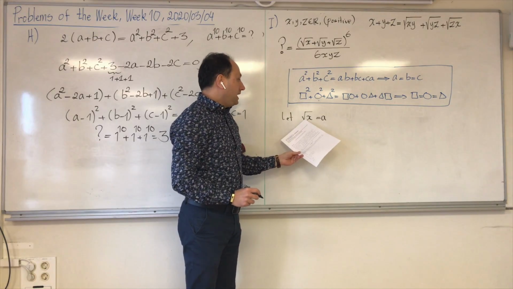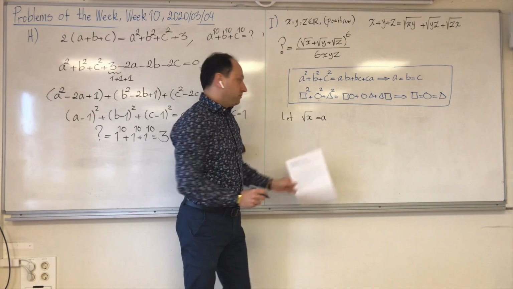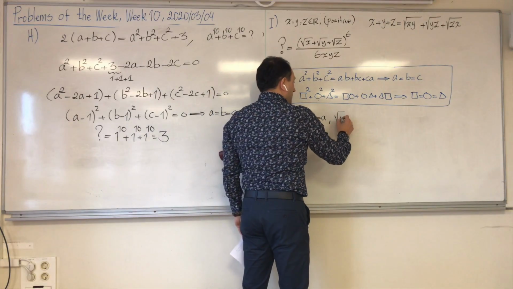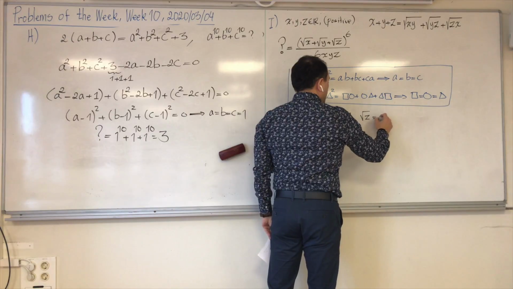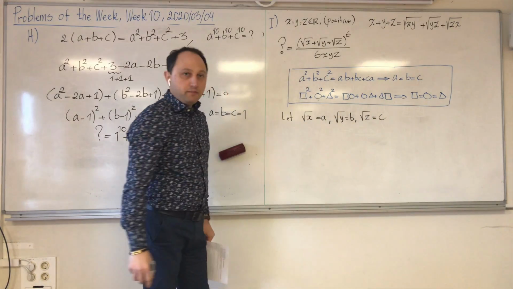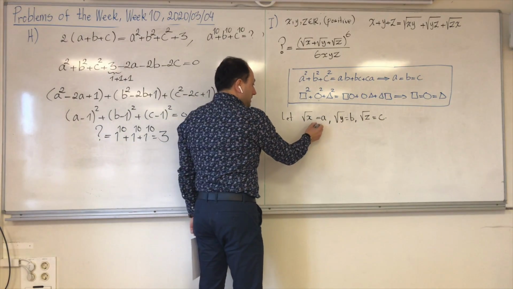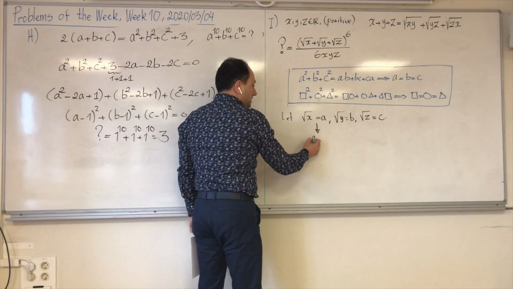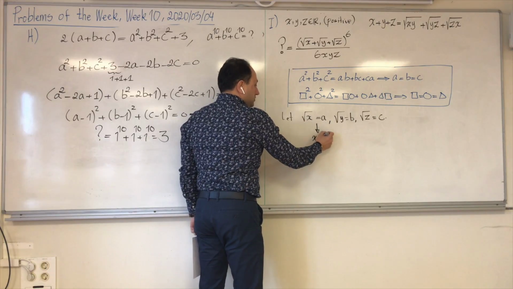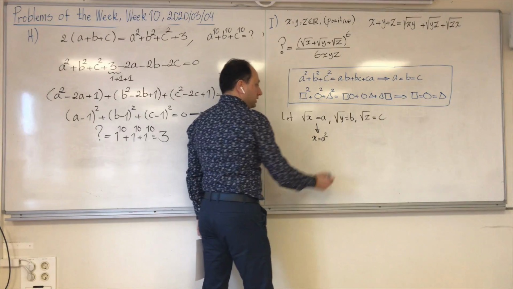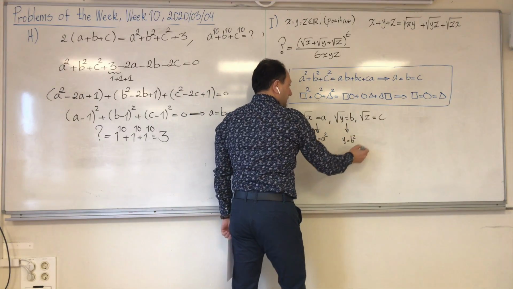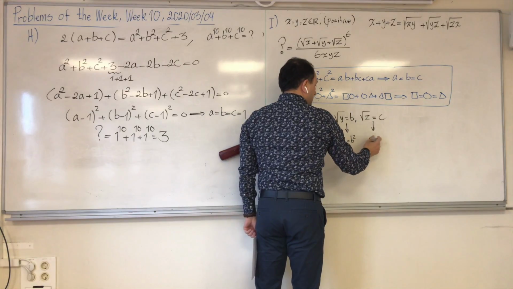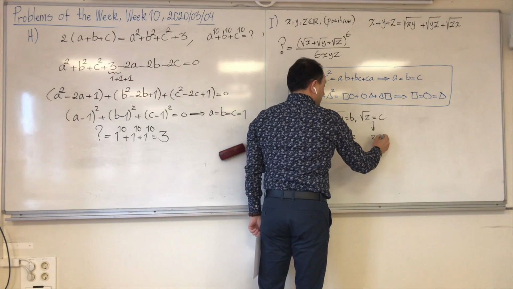I name square root of x by a, square root of y by b, and square root of z by c. So then this means that x is a squared. If I raise both sides to power 2, then x becomes a squared. Then y is b squared, and then z is c squared.